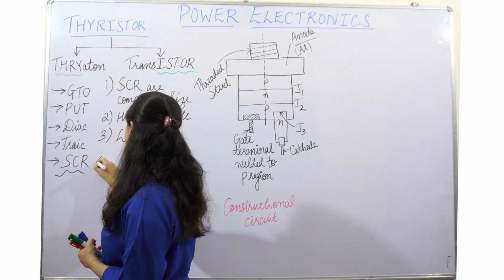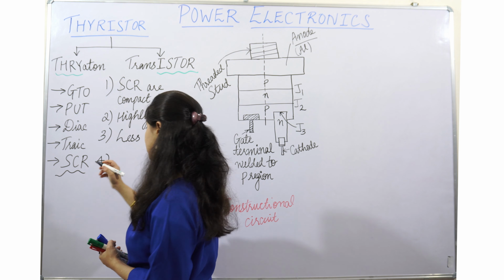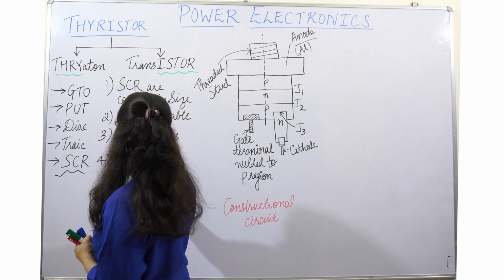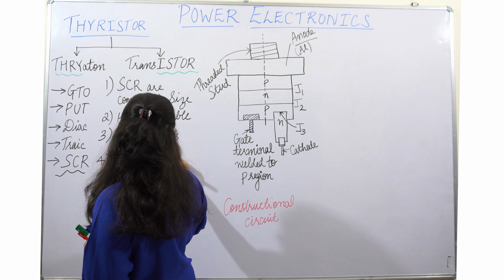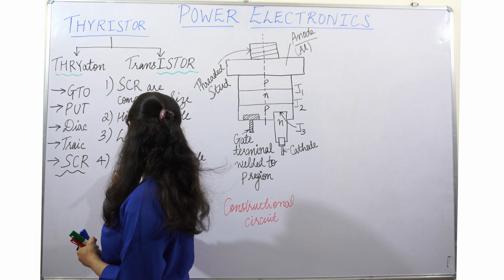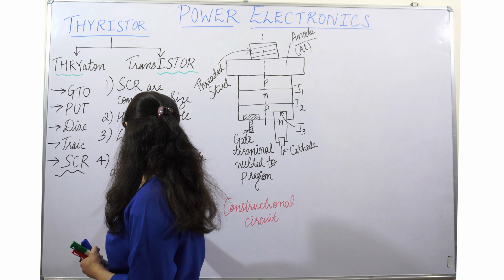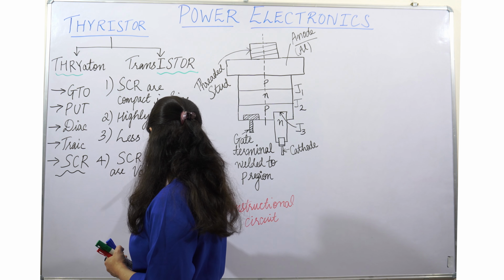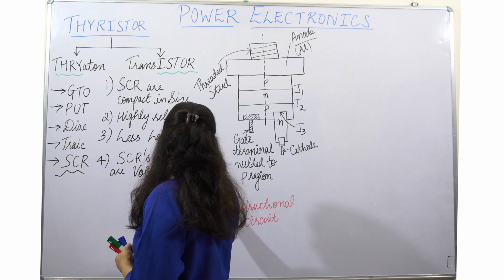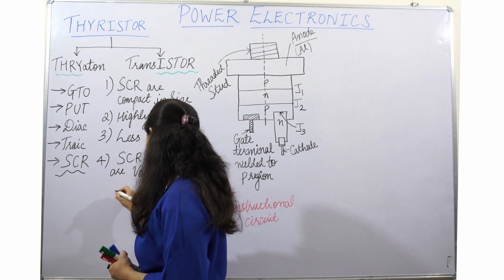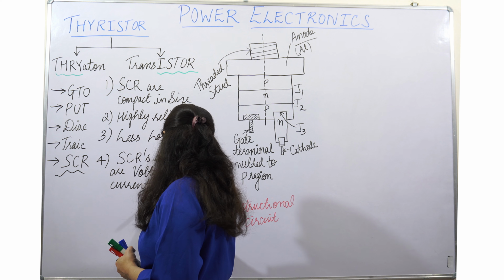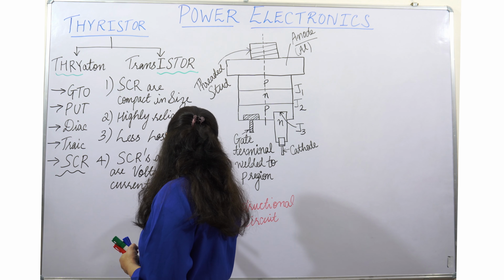now let us see the technical features. The SCRs which are available today are having voltage up to 10 kilovolts, then current 3000 amperes.